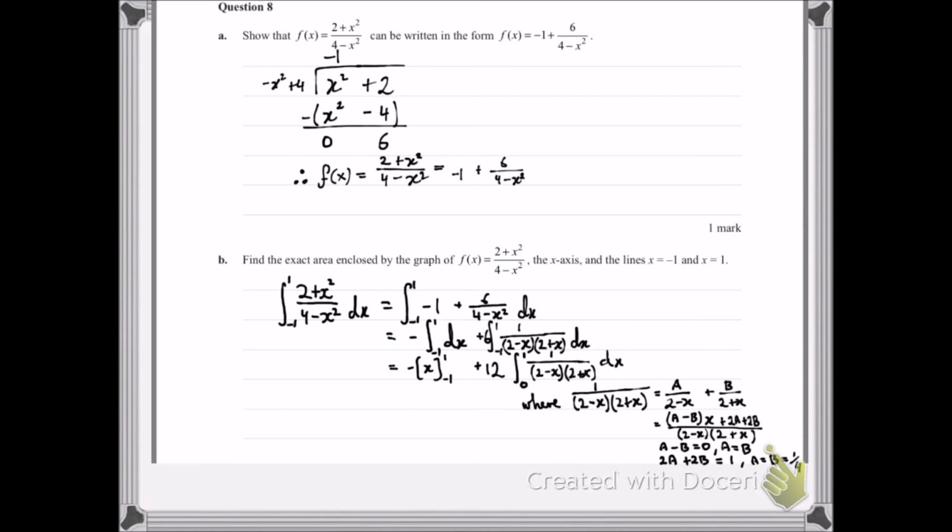These are easy ones to solve. A is equal to b from the first equation, and so that gives us 2a plus 2a is equal to 1. So obviously then a is equal to b, which is 1/4. Alright, so let's use that. This 1/4 turns the 12 factor into a 3.